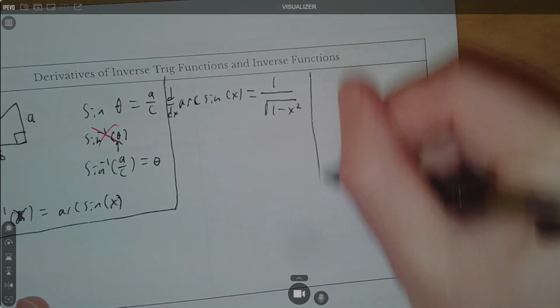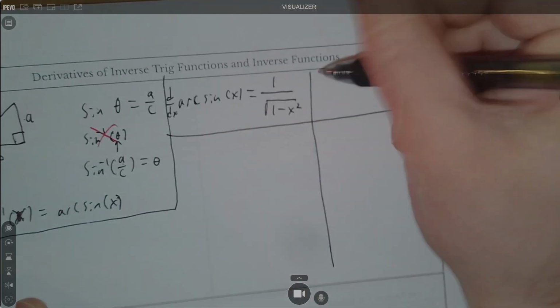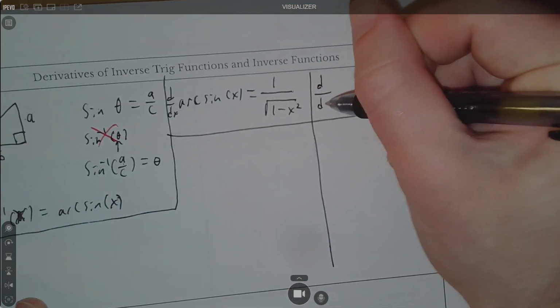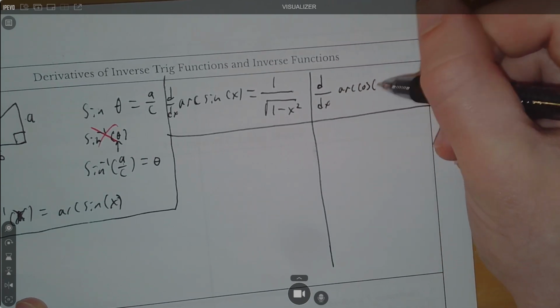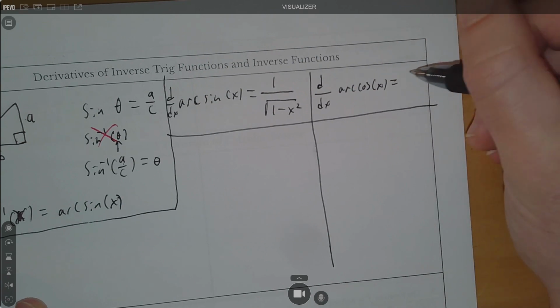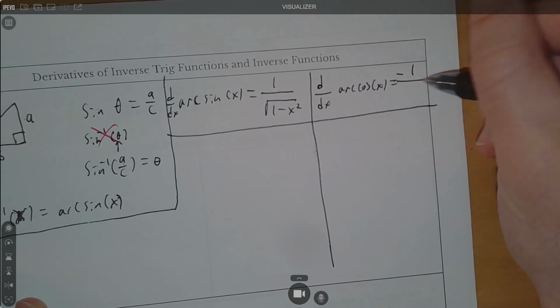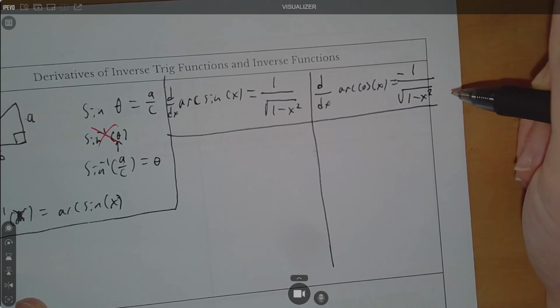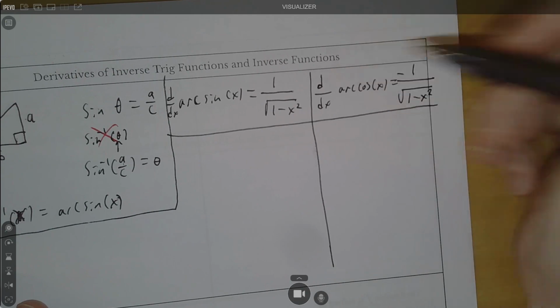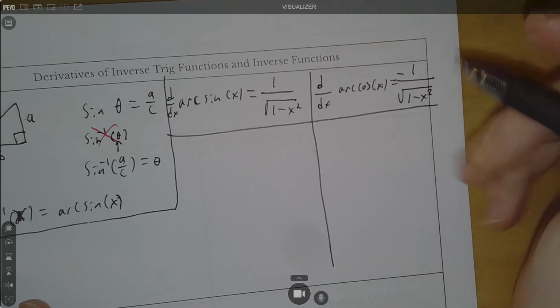Then we have the derivative of arc cosine x, and that is just negative 1 over root 1 minus x squared. That's it, just add a negative. Remember, cosines are negative, right?